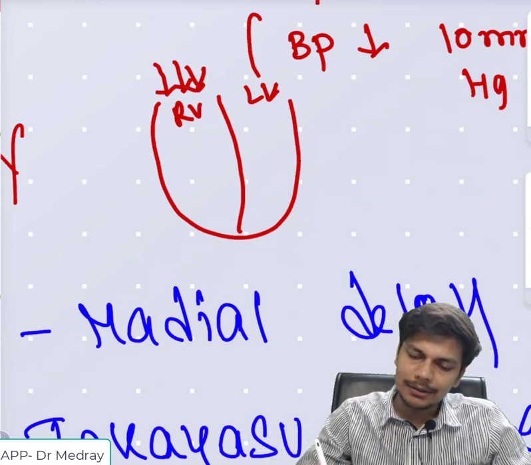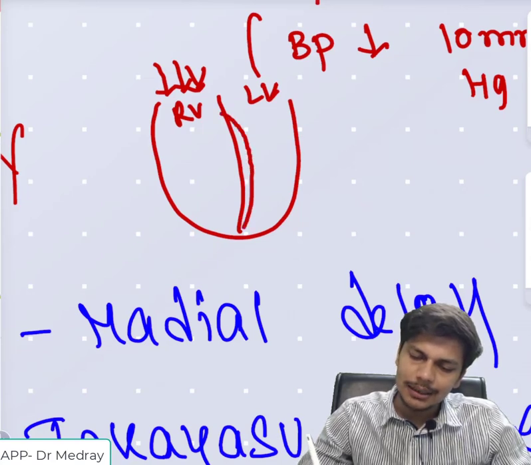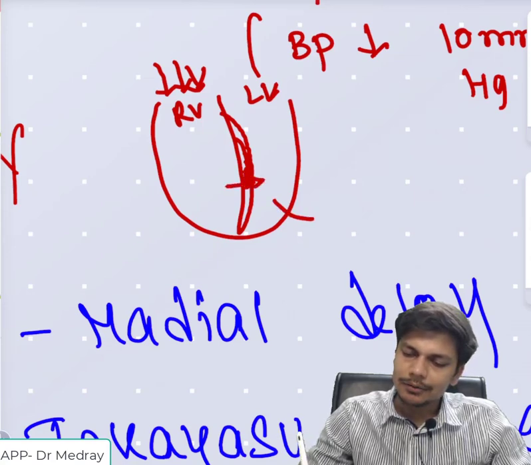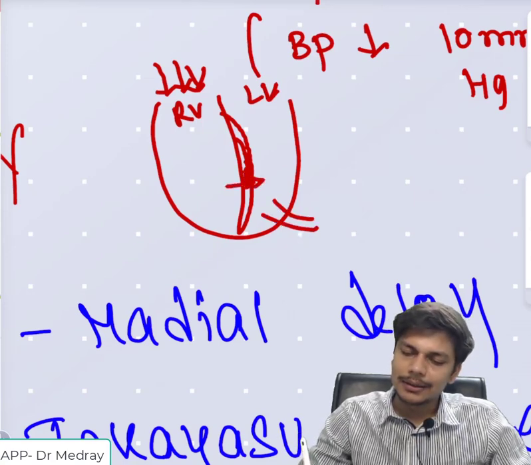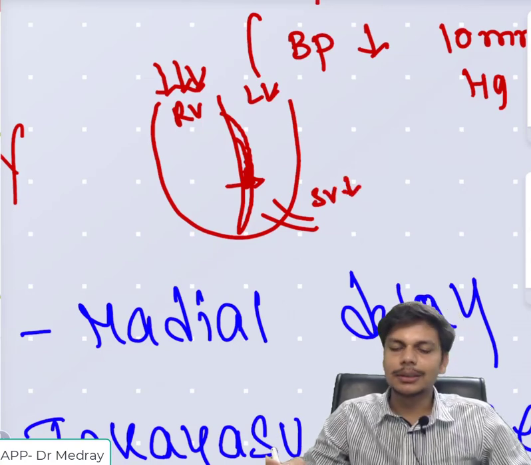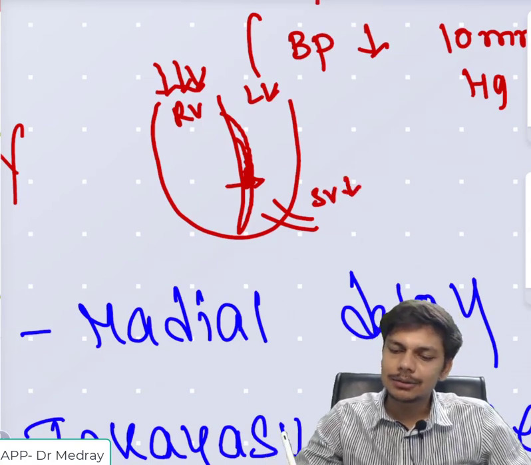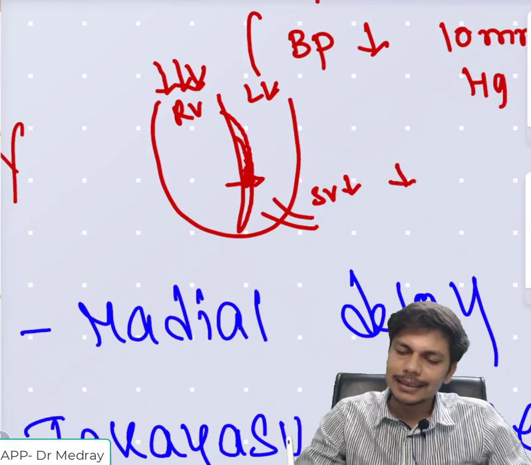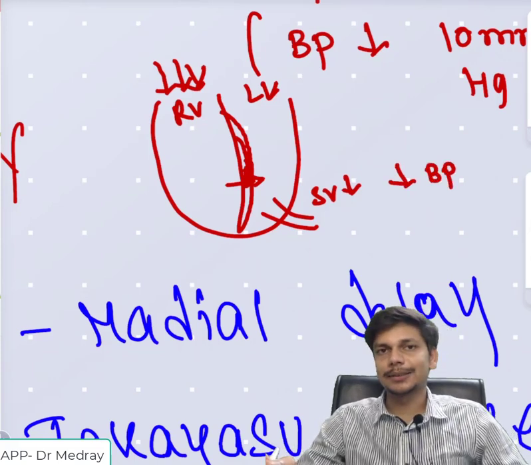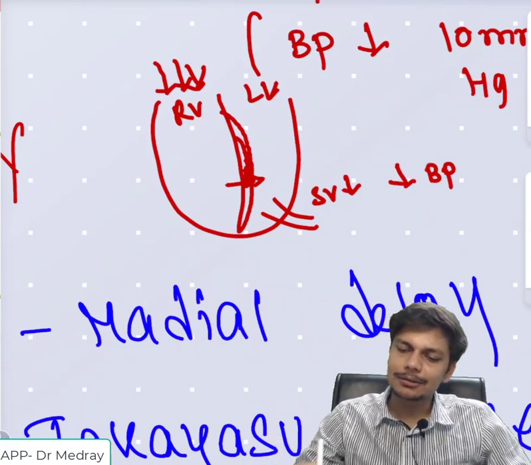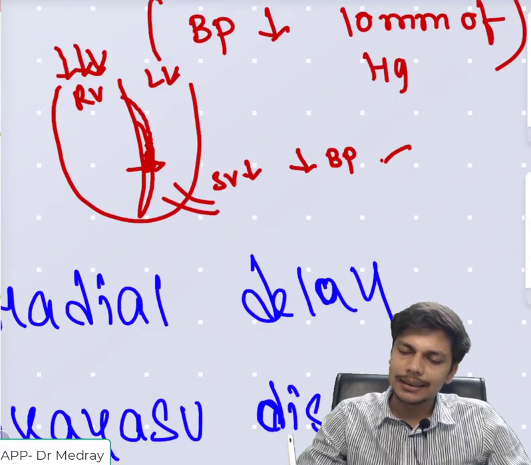Because of the right ventricular filling, the interventricular septum may impinge on the left ventricle and the left ventricular outflow tract, that is the aortic valve, and the stroke volume may reduce during inspiration. This reduced stroke volume will cause a decrease in the blood pressure, and this decrease will be less than 10 millimeters of mercury.